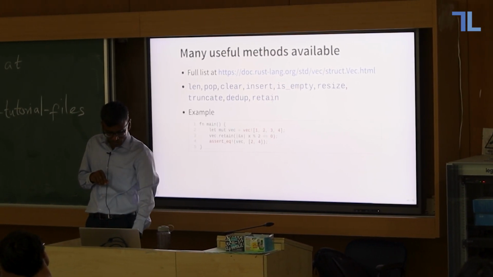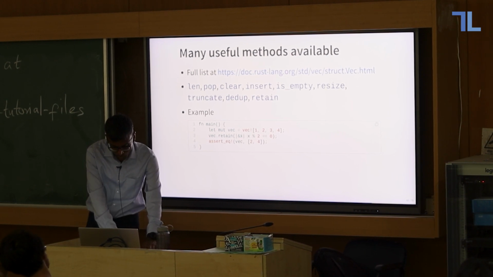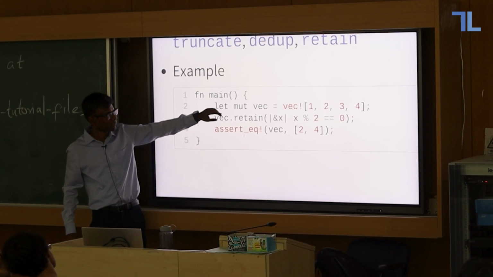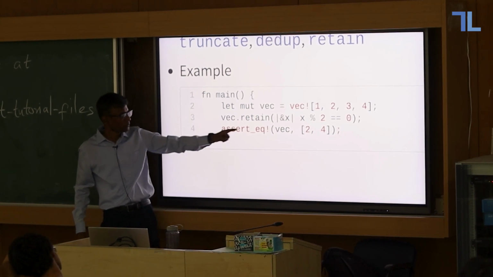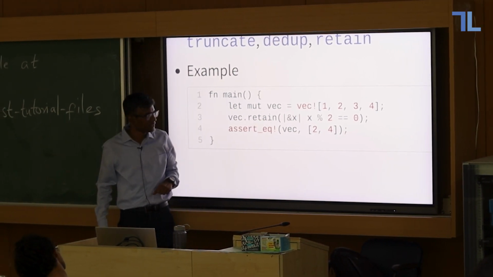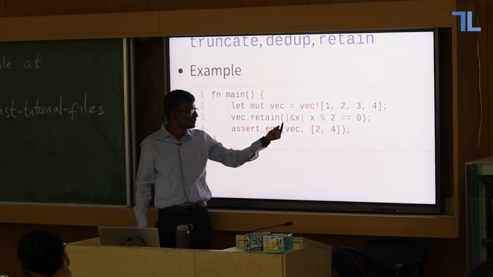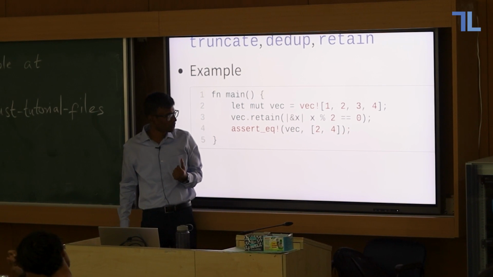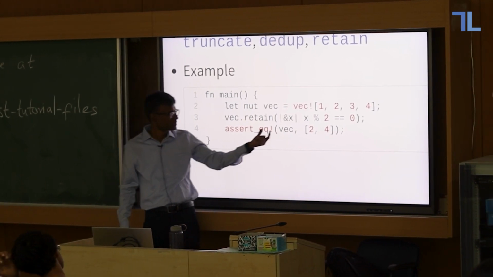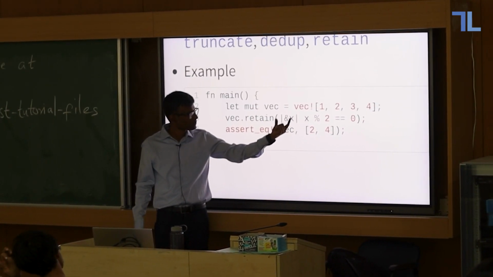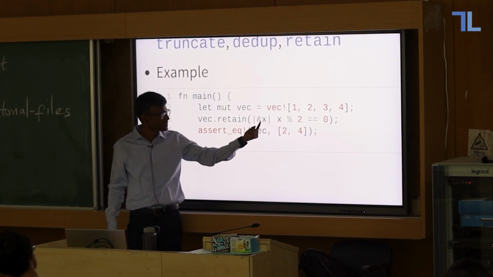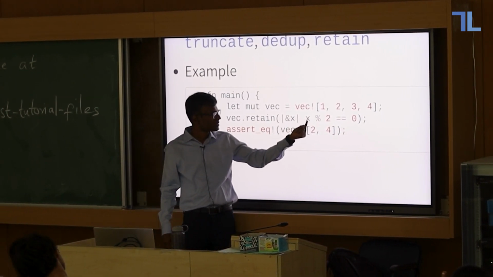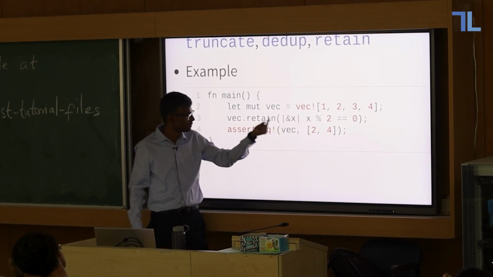Retain, I have an example. Suppose I have a mutable vector with numbers 1, 2, 3, 4. Suppose I want to retain only the even integers. Then I'm passing something called a function. This is the syntax for something called an anonymous function. You have these two pipes, and then you have &x, so this is taking a reference, and this function is called a predicate.